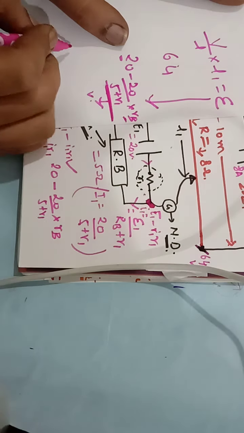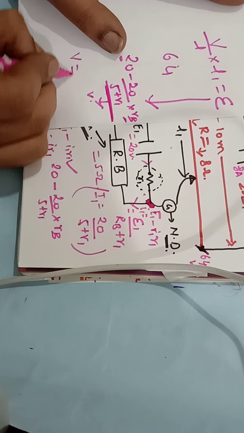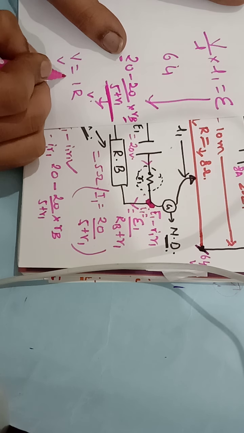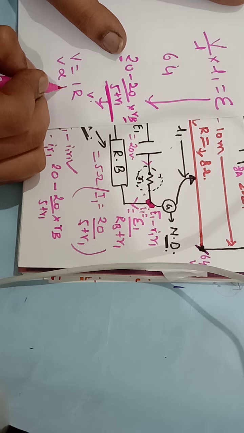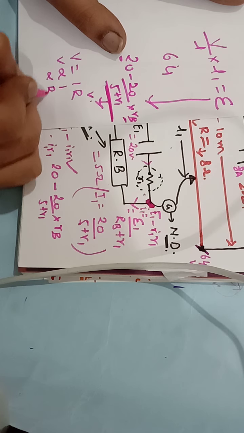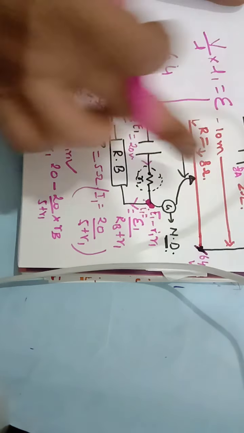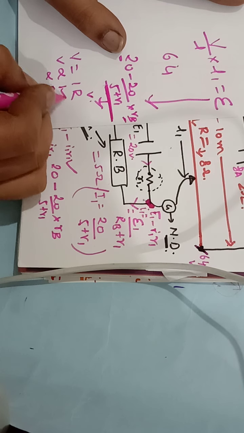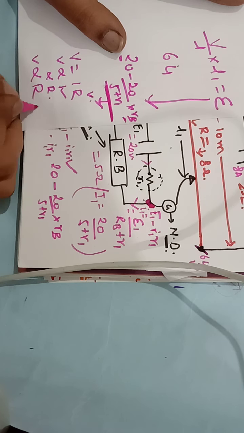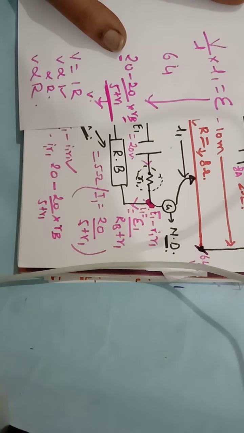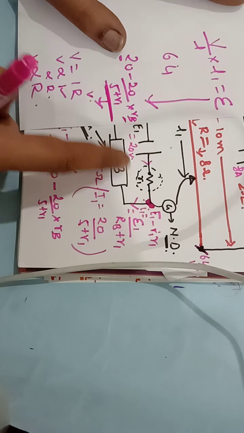Remember, what is Ohm's law? V equals IR. So V is directly proportional to I and to R. But since in series, when we exclude this circuit, the current was the same, V was directly proportional to R. Now you say it should be R1 or RB.